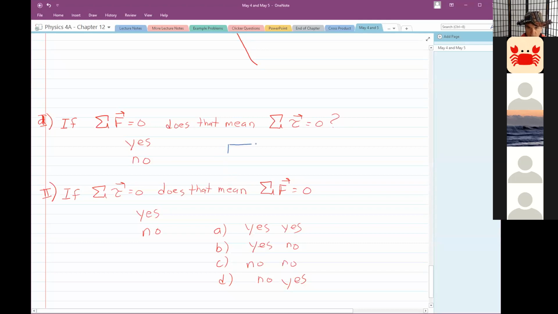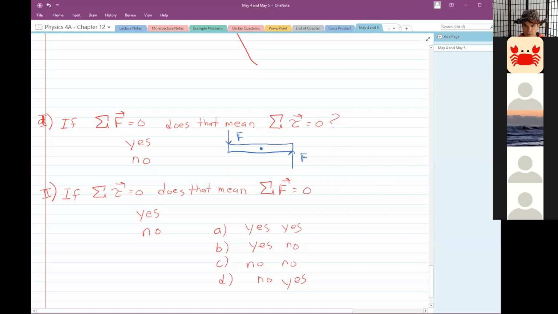Let's say I have a rod that's pivoted in the middle, and I exert the exact same force, but in opposite directions. So I'm exerting a force to the right that's acting straight up, a force on the left that's acting straight down.